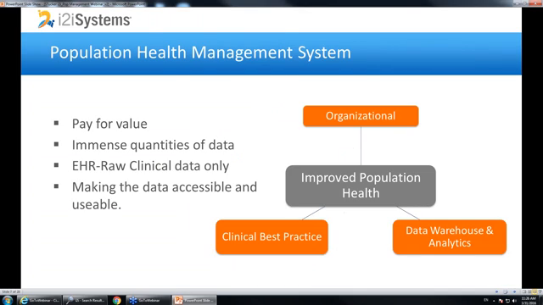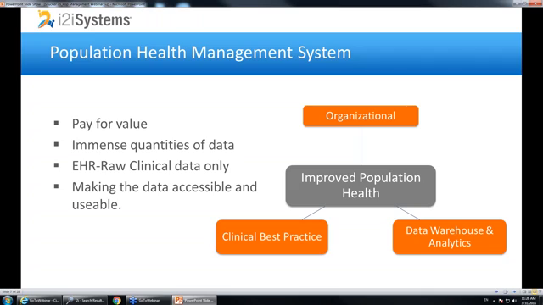As we can see, what do we need in order to address all these social determinants of health? Because we know they are there, but now what do we need? In order for us to improve population health, we have to have, as we see here, a data warehouse and analytics that allow you to build a scaled analytic approach to systematically integrate and make sense of the data that we have.